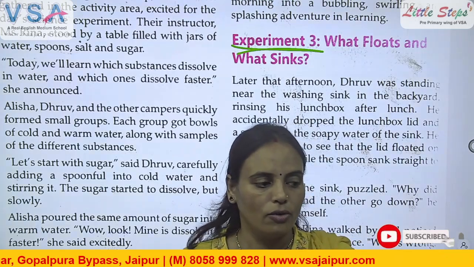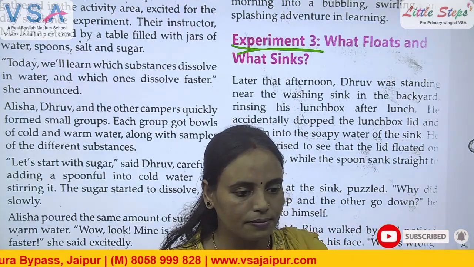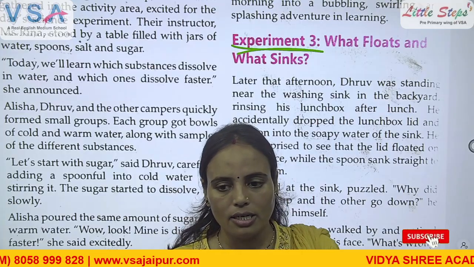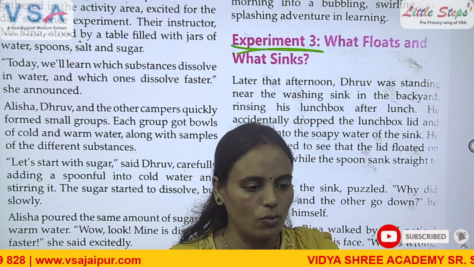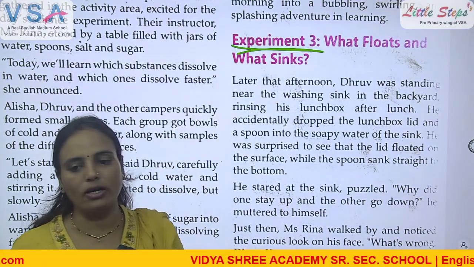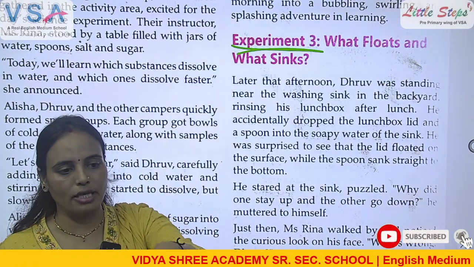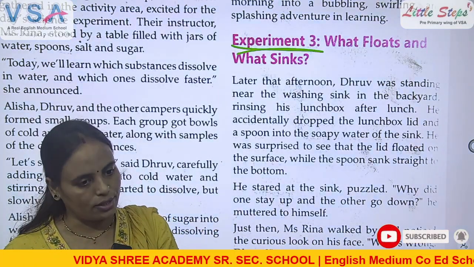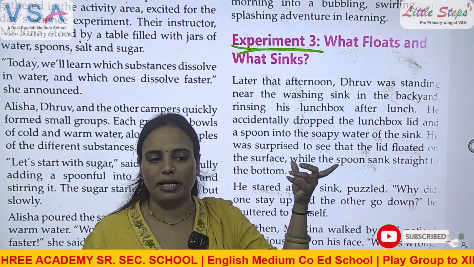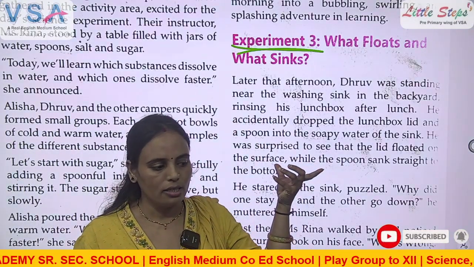Okay, floating means the things are on the surface of the water, and sinking means the things go down to the bottom of the water, right? So this is the floating and sinking experiment. Okay, let us start.